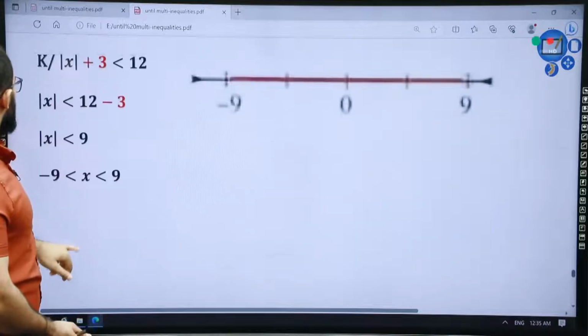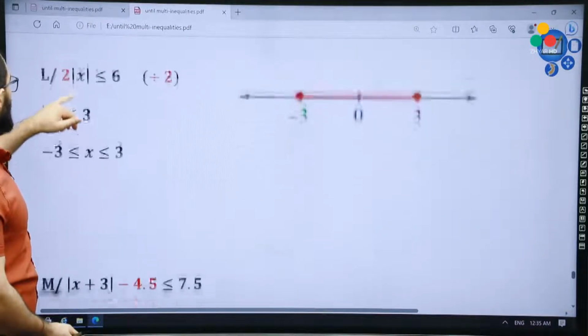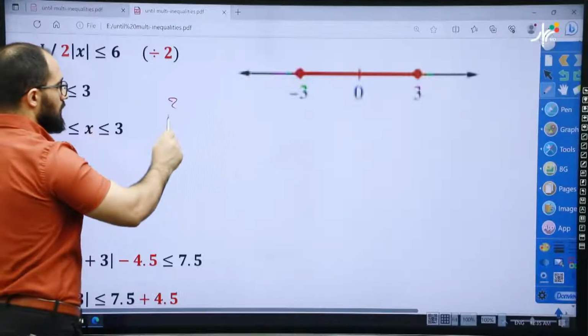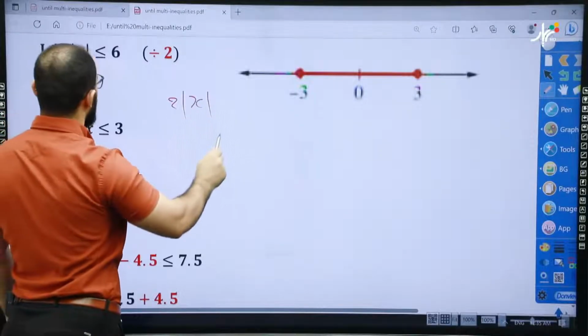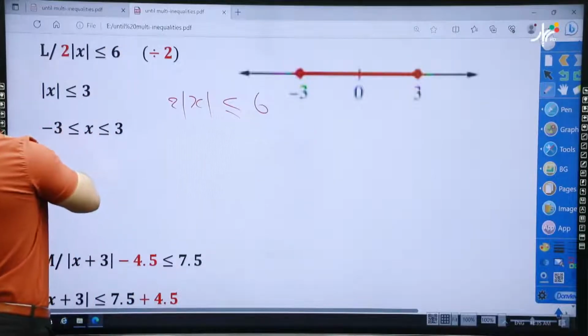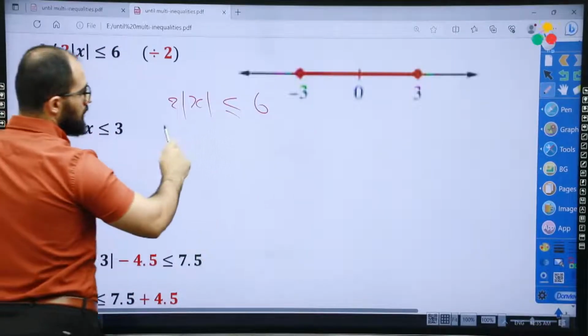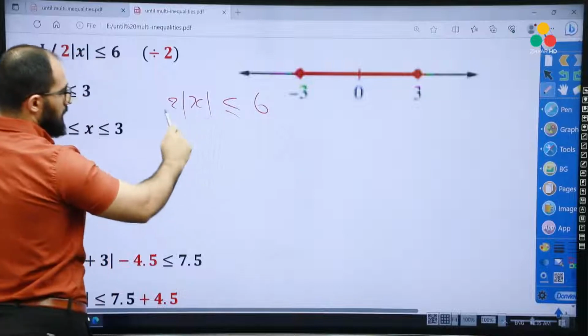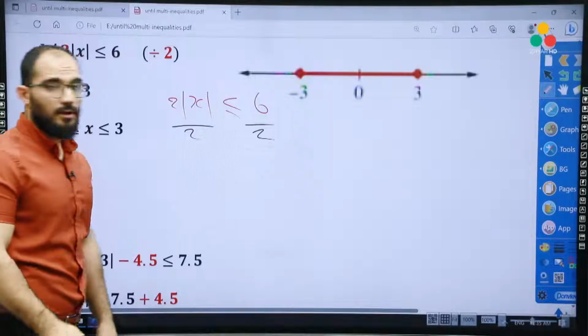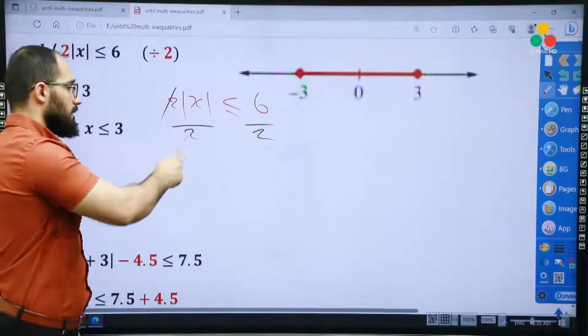Let's see if you have more examples. 2 times the absolute value of x is less than or equal to 6. So divide both sides by 2, because with the absolute value of x, we have 2. Cancel it.